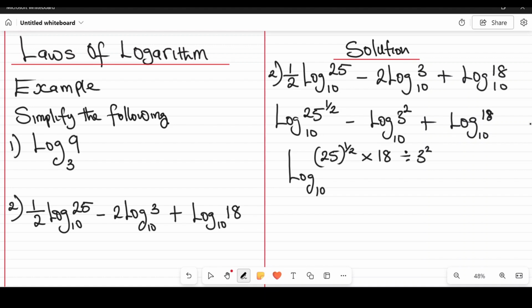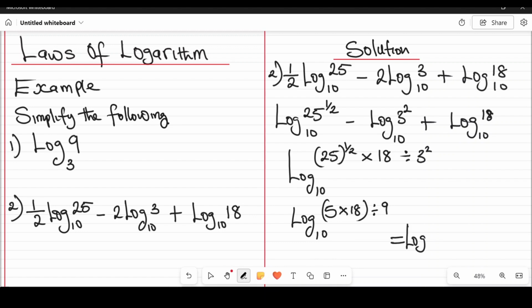So if we simplify this, 25 to the power half is equal to 5, times 18, divided by 9, to base 10. So we know that 5 times 18 is equal to 90, divided by 9, to base 10.